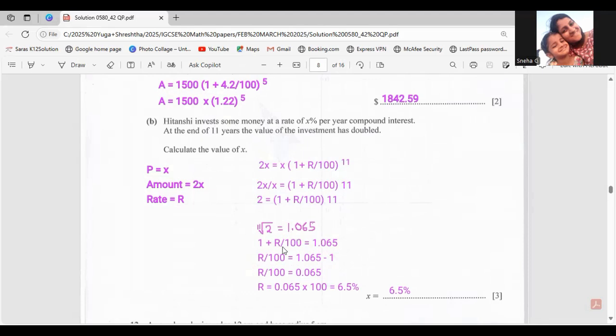So 1 plus R divided by 100 is 1.065. On rearranging the formula, I get R divided by 100 as 1.065 minus 1, which is 0.065. That is R divided by 100, rate of interest divided by 100. So when I shift 100 to the other side, it will multiply and give us the answer in percentage form. So the rate of interest over here is 6.5%.